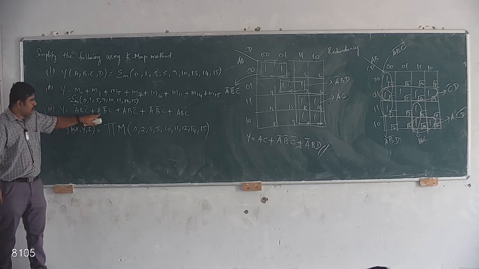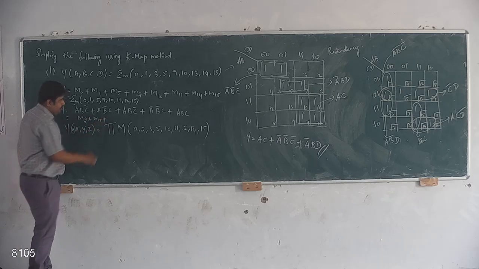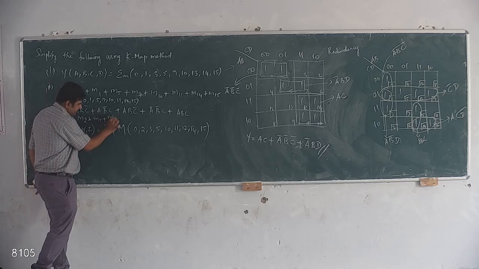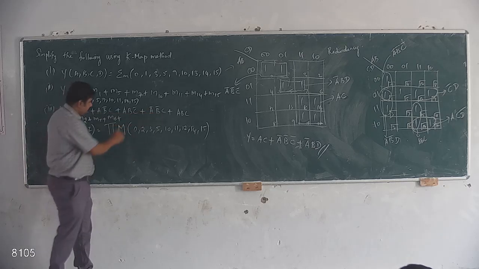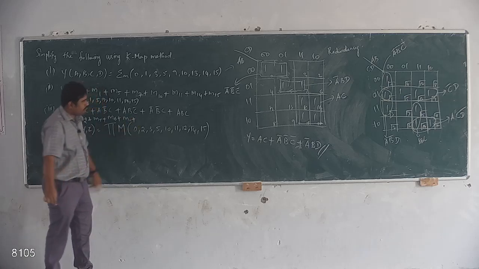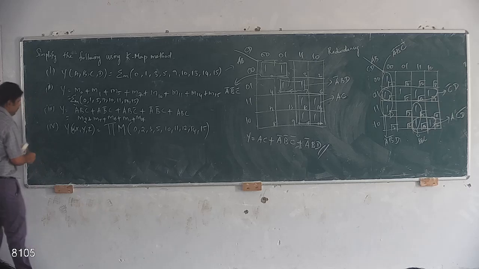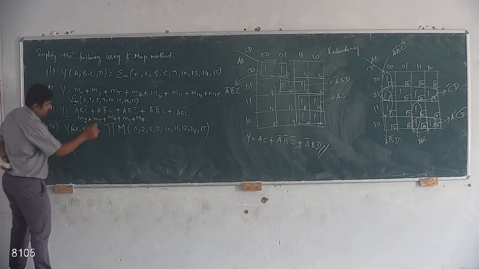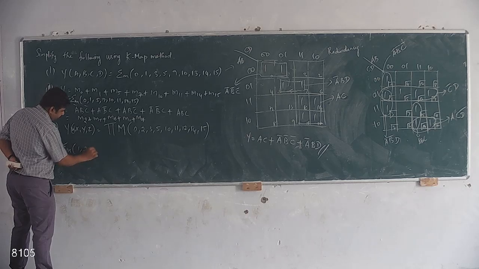This value is 1, 0, 1, M5. 1, 1, 0, M6. 0, 0, 1, M1. And that is 7. So the third problem can also be written as summation M of 1, 2, 5, 6, 7.